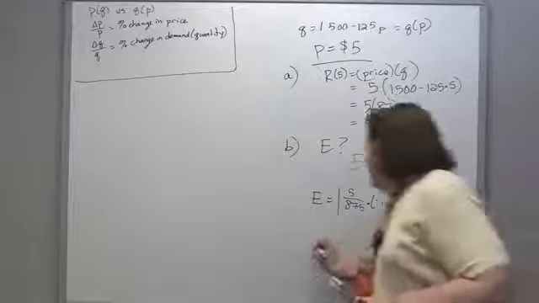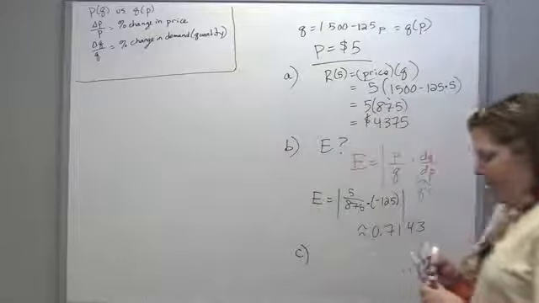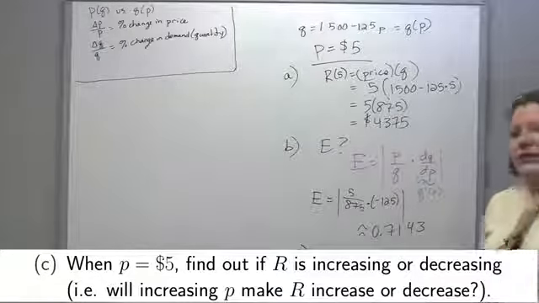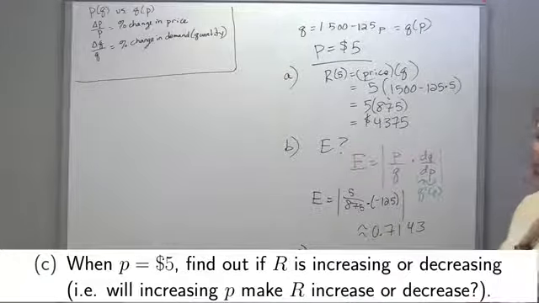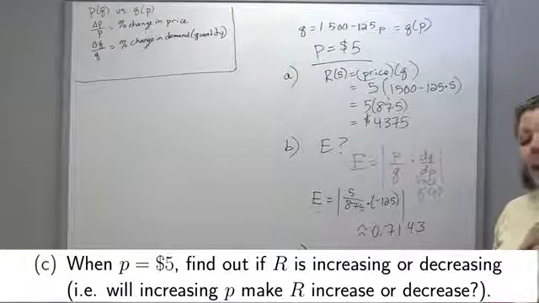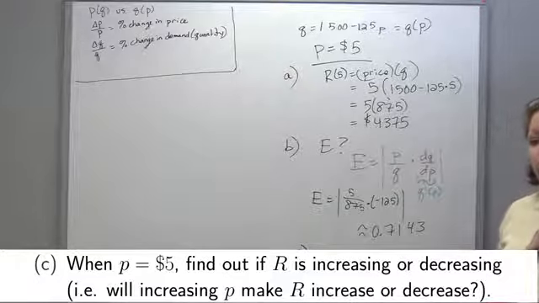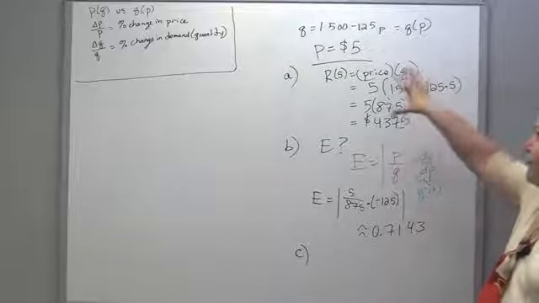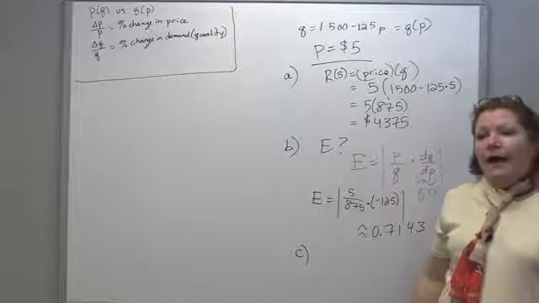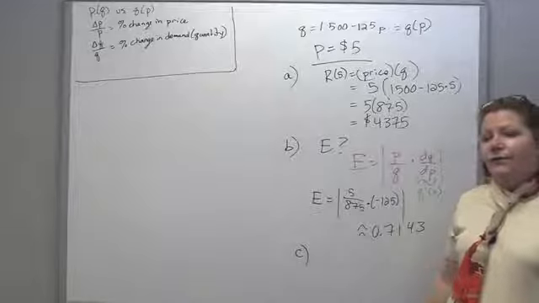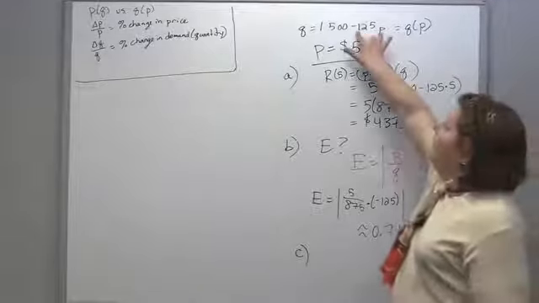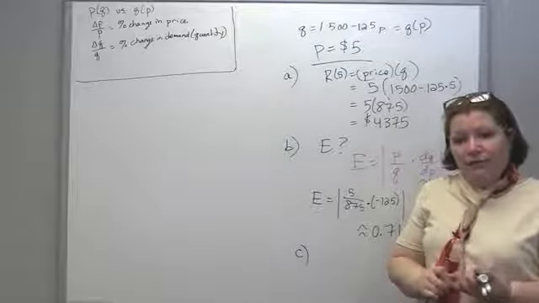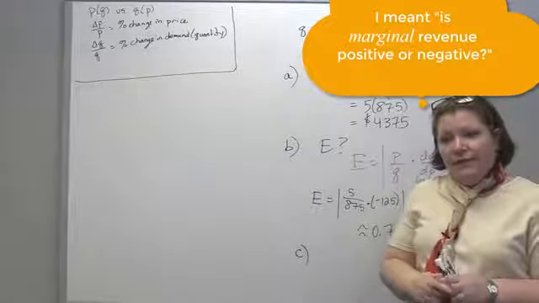Now for part C, they're asking if, at this price point of $5, we were to increase our price by a little bit, do we expect our total revenue to go up or to go down? We could, by brute force, plug in and find what revenue looks like at $5, and see whether it is on the increase or on the decrease.